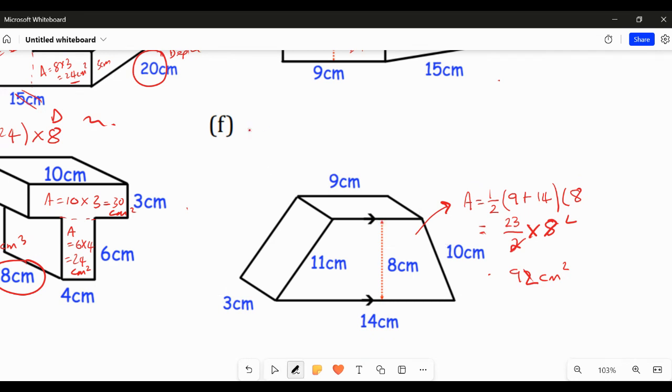Now, the volume for this, remember, is equal to 92 multiplied by 3. That comes to 276 centimeters cubed. And why do I do that? Because 92 is my area and 3 is my depth for this.